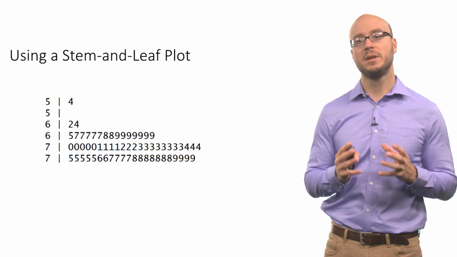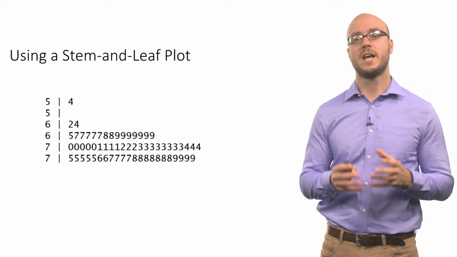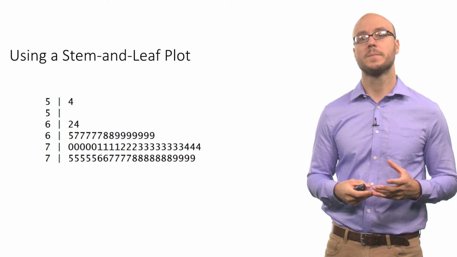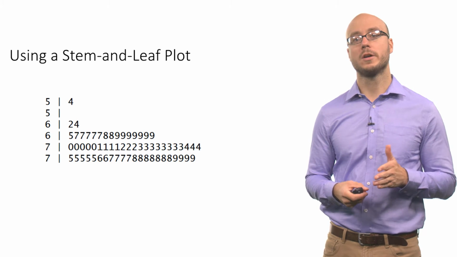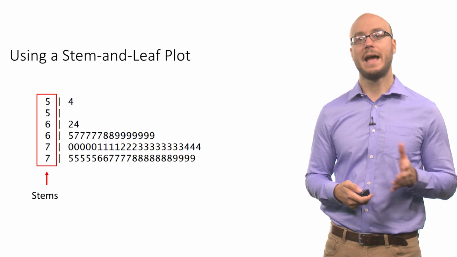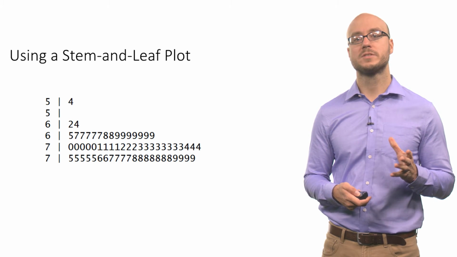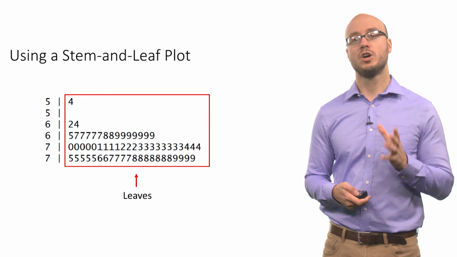So here's a stem and leaf plot for our set of countries. Each observation has its own number. And you can see that there's this vertical bar. So the numbers to the left of this vertical bar, those are the stems. And then the numbers to the right of this vertical bar, those are called leaves. Now, usually a stem and leaf plot will identify what distinguishes a stem from a leaf.